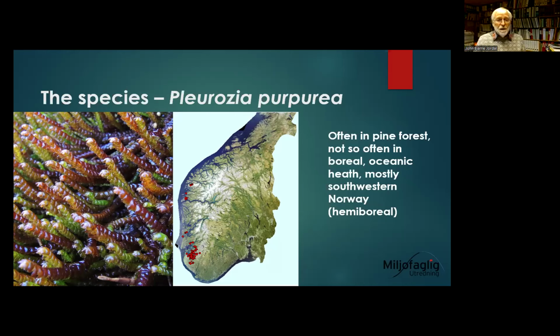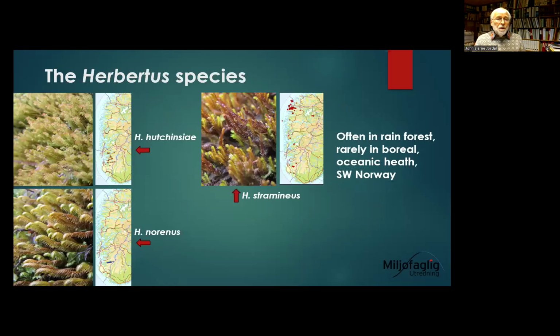That means that it's demanding higher temperature in the summer. The Herbertus species, there we have three species in Norway. Herbertus hutchinsiae, known from the southwest. Herbertus borealis, which is rather rare in the southwest, and Herbertus stramineus.